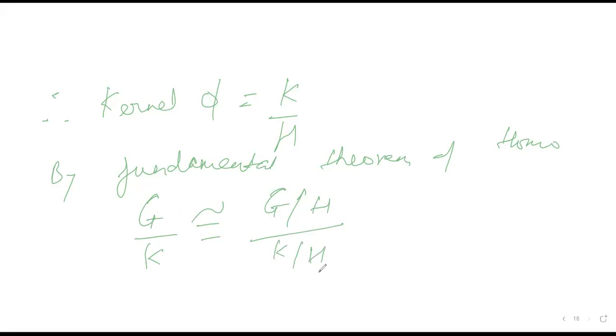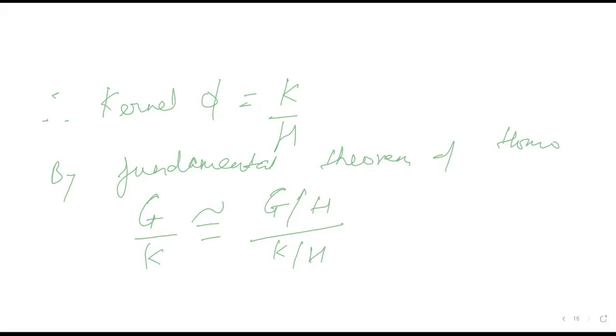So again, in both the theorems, we use the fundamental theorem of homomorphism. That is the thing that you have to understand. In most of the questions or theorems where you have to prove isomorphism between two quotient groups, no matter how complicated they look, in reality they are very easy questions if you understand that you have to use the fundamental theorem of homomorphism.